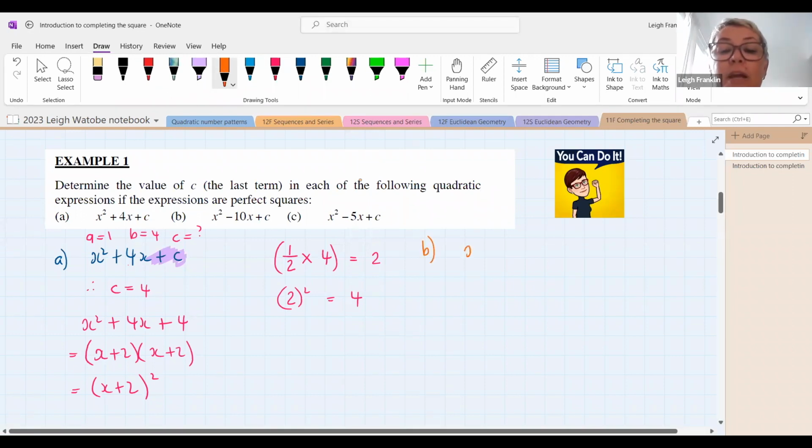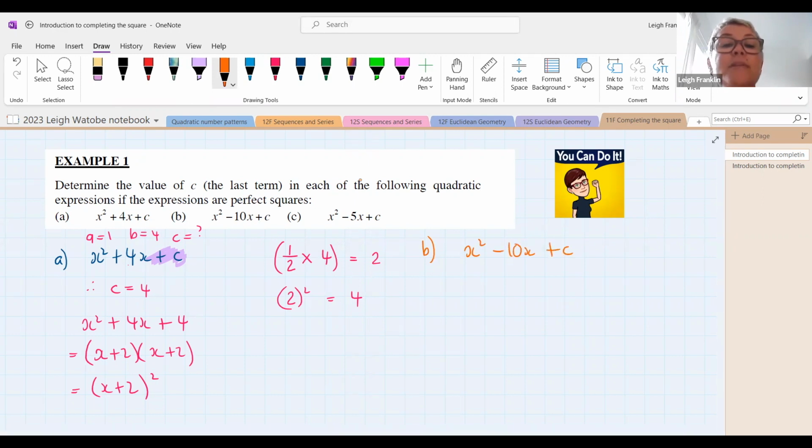So we've got x squared minus 10x plus c. We want to work out what c is. So we take half of whatever our value of b is, which in this case is negative 10. Half of negative 10 is negative 5. We take negative 5 and square it.